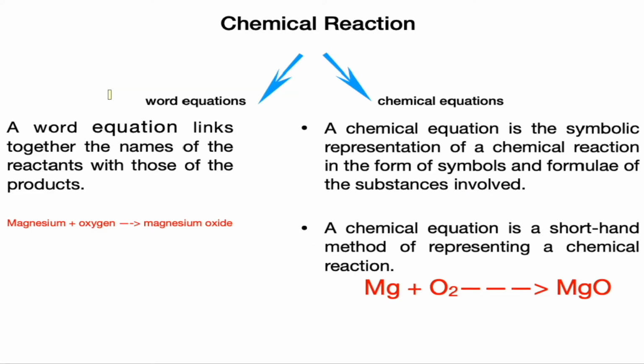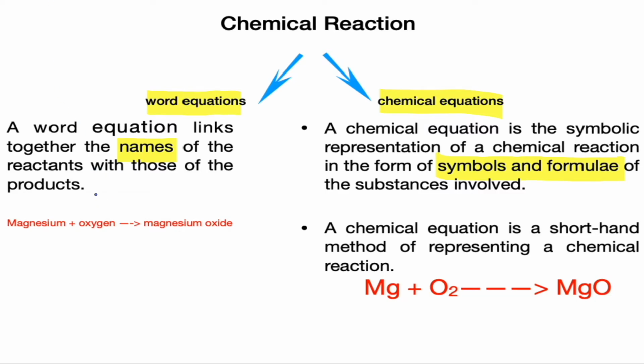You know, children, the very interesting part of any chemical reaction is that chemical reactions can be represented in two ways, either in terms of names or words, called word equations, or in terms of symbols and formulae, called chemical equations. Let us understand these one by one.